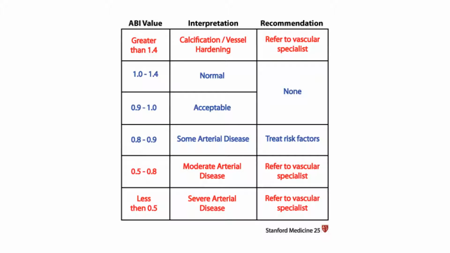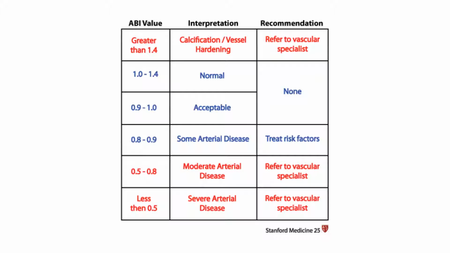If the ABI value is 0.9 to 1.4, there's not really much recommendation unless there's other factors that contribute to it. 1.0 to 1.4 is considered normal, and 0.9 to 1.0 is acceptable.